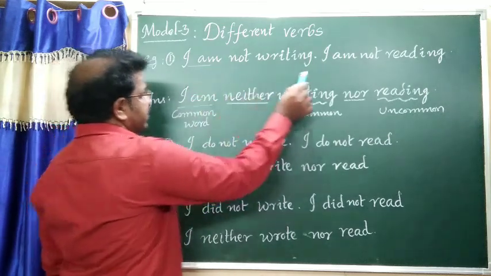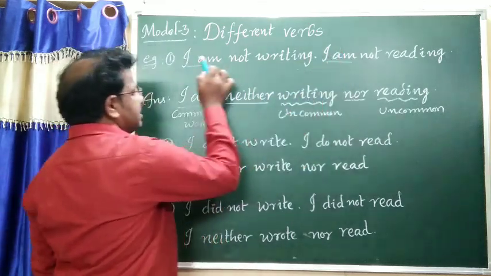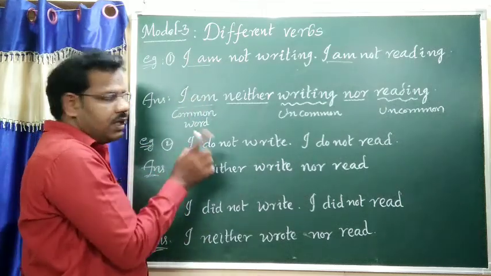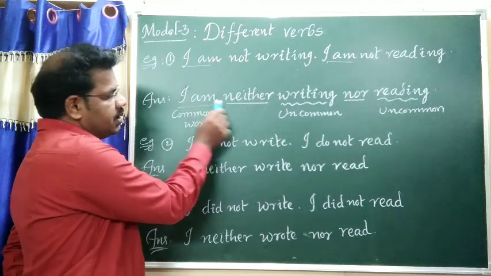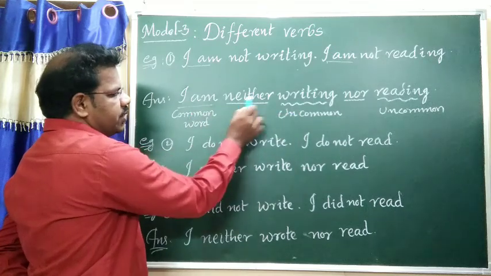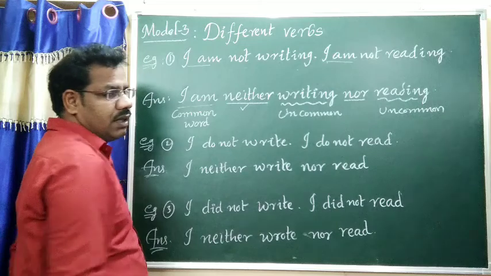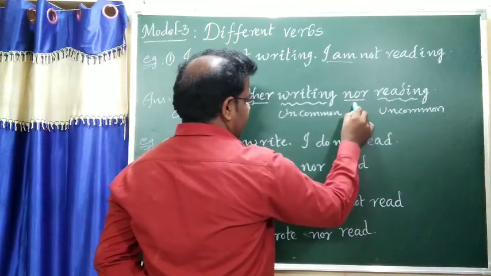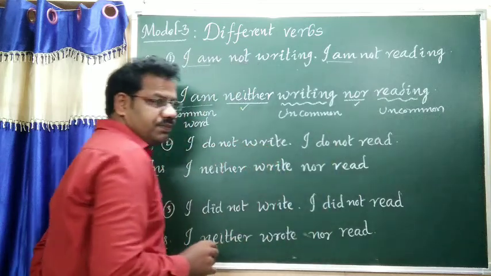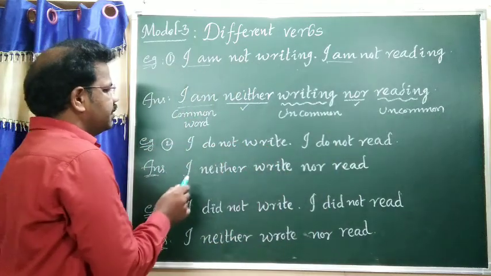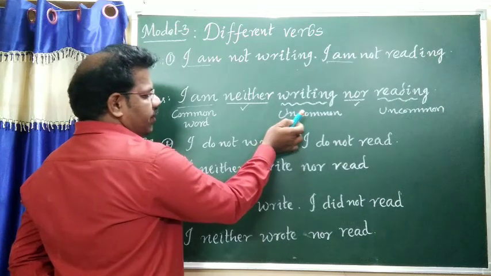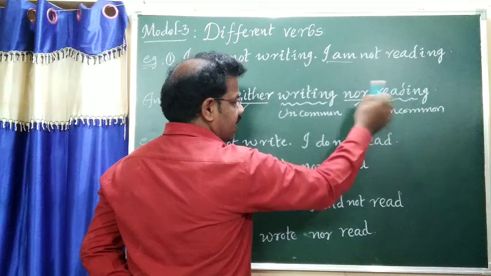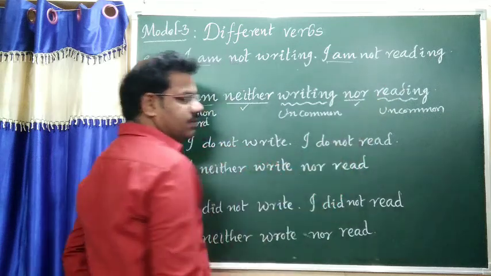I am is a common word in this sentence and in this sentence, so we have to write it only one time: I am. Before one uncommon word, we should apply neither. Before another uncommon word, we should apply nor.